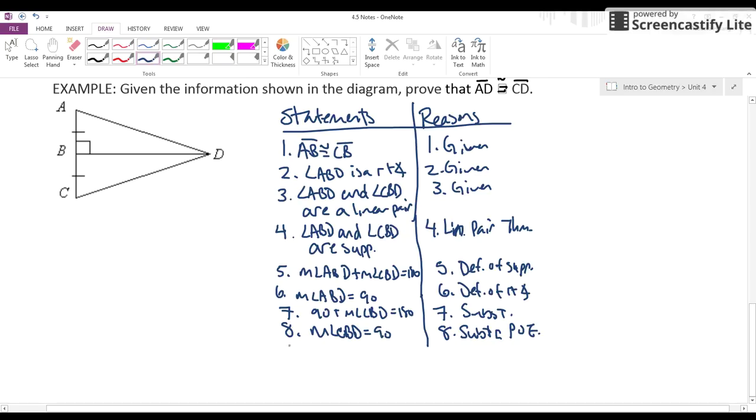And then since we have two 90-degree angles, we can say that they are congruent, right? Substitute again. Sorry about that.